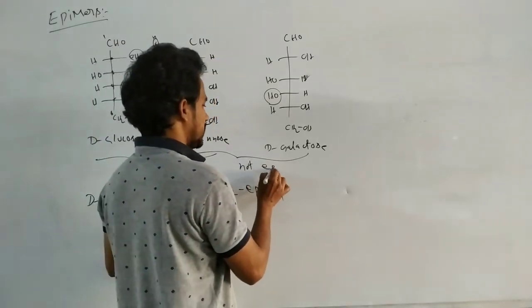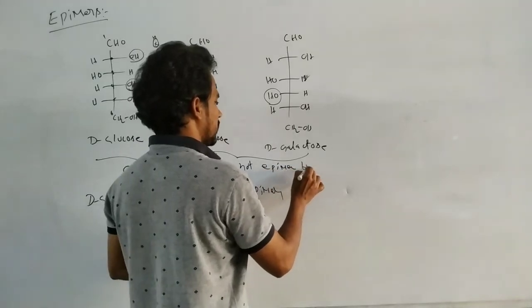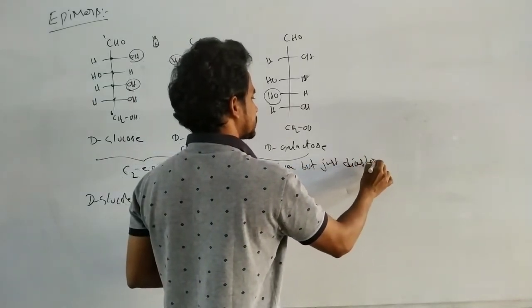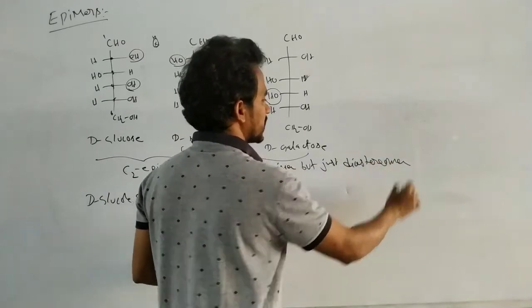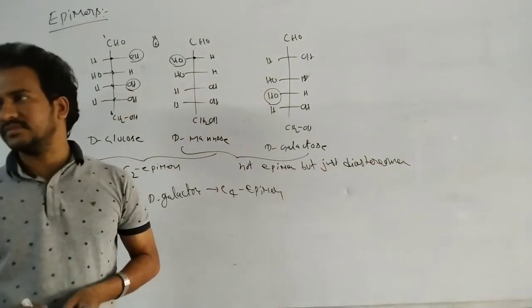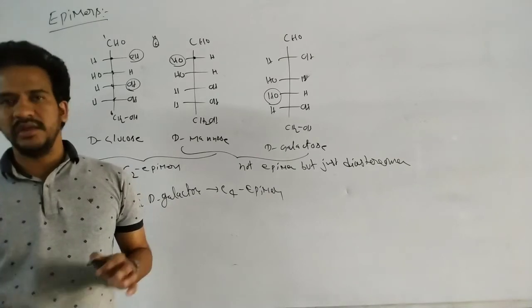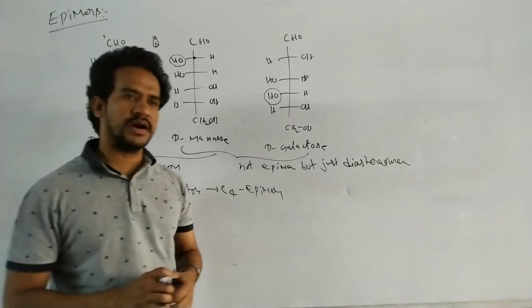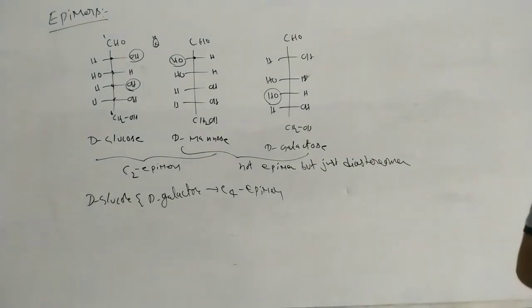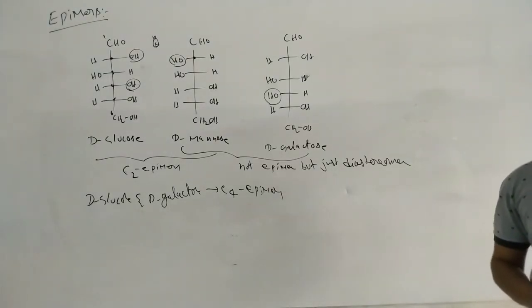Okay, not epimers, but just diastereomers, because they have different configuration at more than one chiral carbon. If only different configuration at the one carbon, then those are the epimers. Okay, more than one, those are the diastereomers. Epimers are also diastereomers.